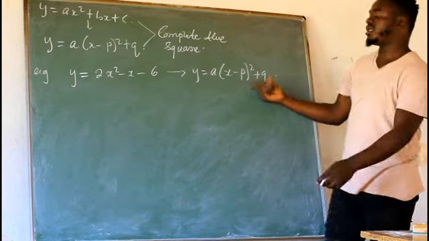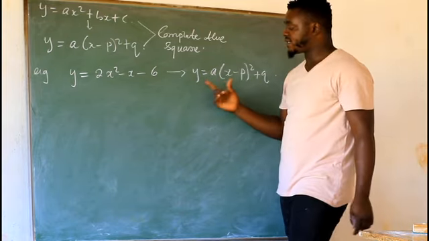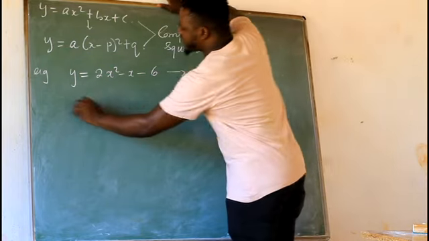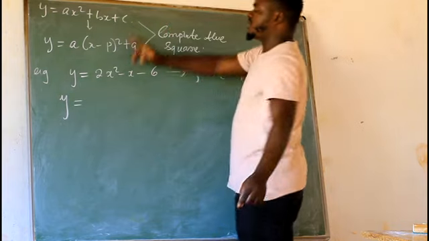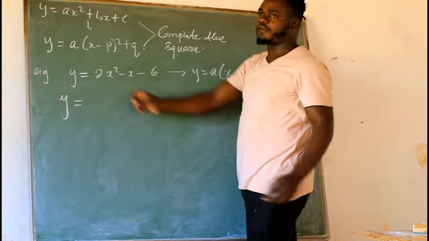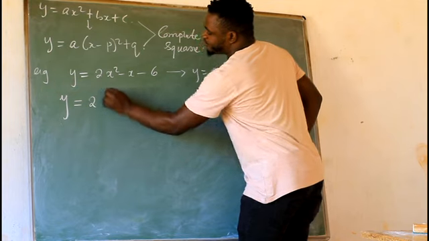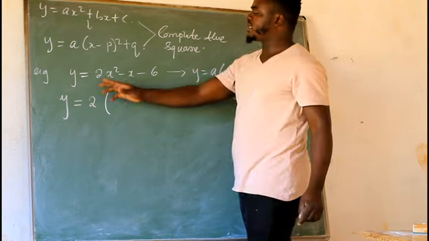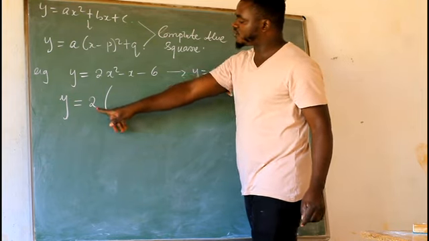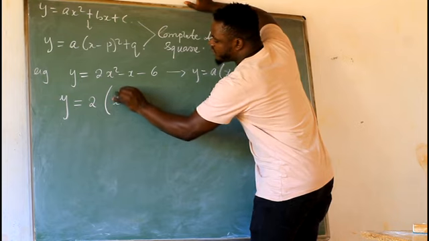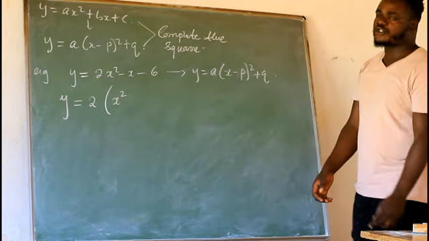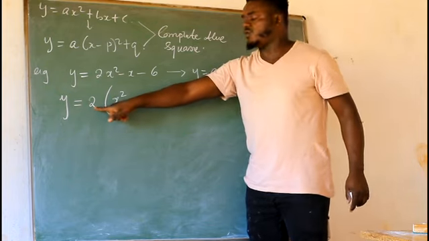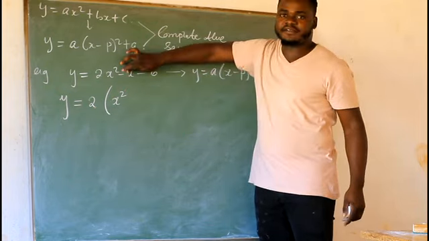You ought to have your a, and your a is that one. You come to this equation and say y equal to, then you take out a as a common factor, which is 2, then you open the brackets. You need the number that you can multiply with 2 to get x squared, and that is going to be x squared. Also, you need a number that you can multiply with 2 and get negative 1.